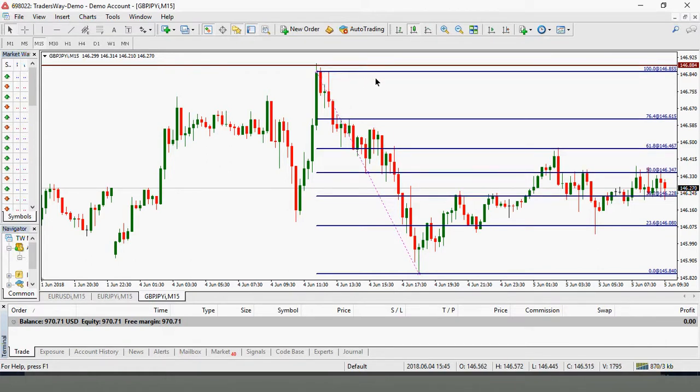Because the fib line needs to go to the wick, or body to body, or wick to body. And this one here, I think I like the other one better. Oh no. This is a good one. I'm going to leave it like this, because there's several points where the body or the wick touches the fib line. So I'm going to leave it here so that it will go from body to wick. So I'll save that there.